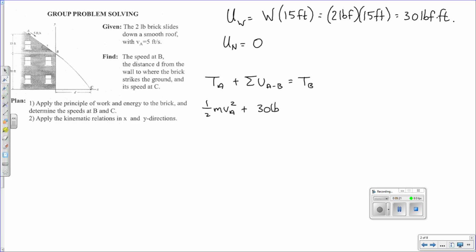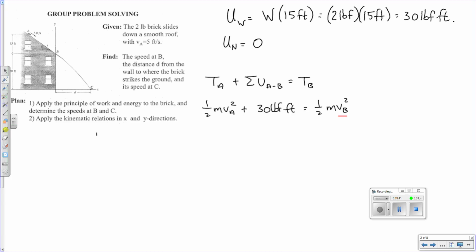That's 30-pound force feet. Now recognize that the only thing we don't know in this equation that's not provided for us is VB, which is precisely the value that this question is asking us to determine.